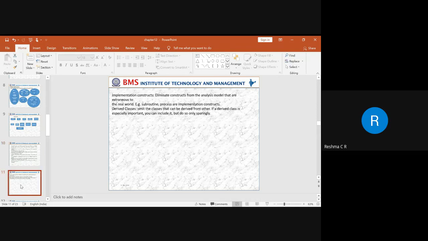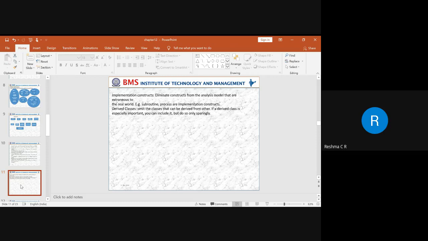So next thing is implementation construct. When it comes to implementation constructs, we need to eliminate all the constructs from the analysis model that are extraneous to the real world. That means whatever implementation details are there should not be included, or should not become the name of a class. For example, any particular process name or subroutine name will become an implementation.